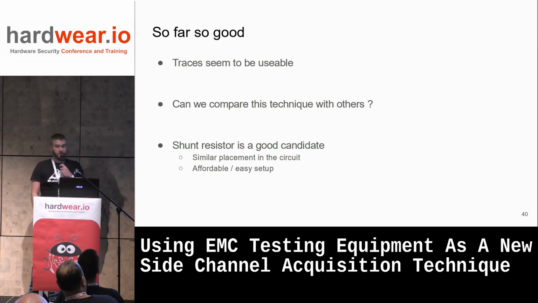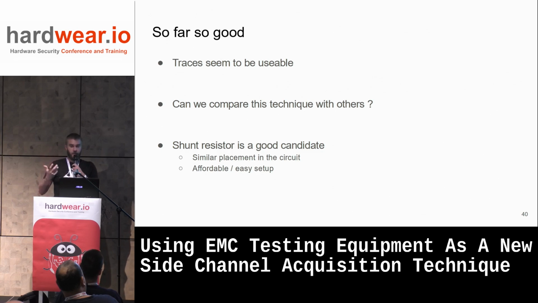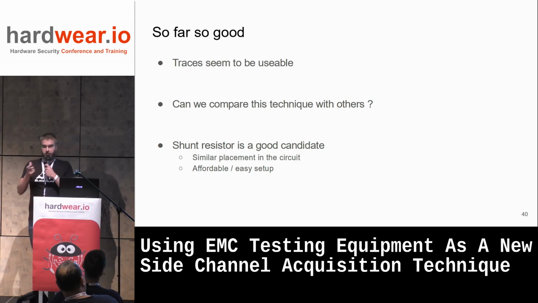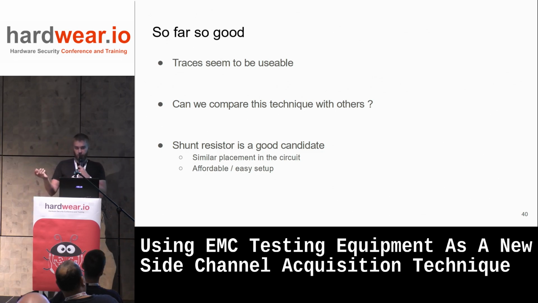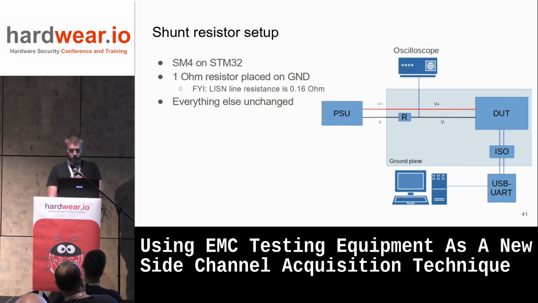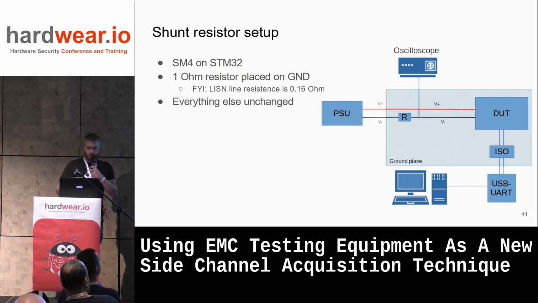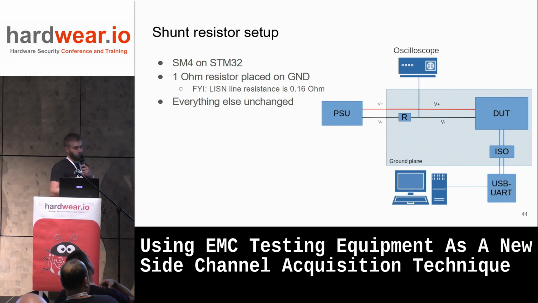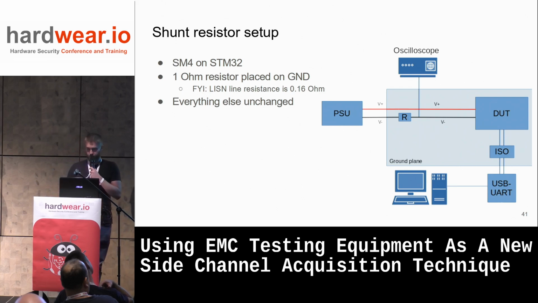The next question is, okay, we have some signal, that's good, but how is the signal better than a simple shunt resistor, the thing that you usually do with simple power analysis? So what I did is get the exact same setup, but instead of the LISN, I just put a small 1 ohm resistor on the line and did the same capture.